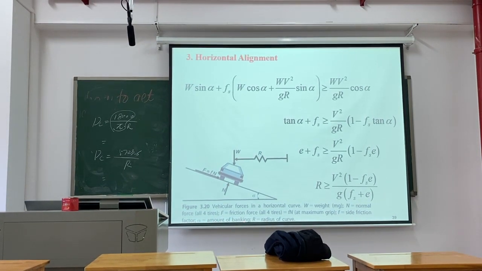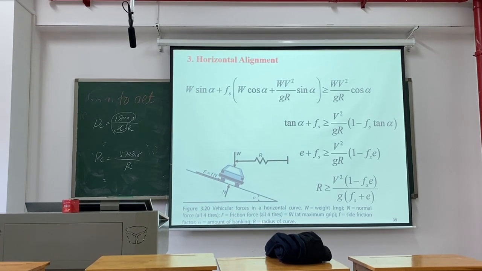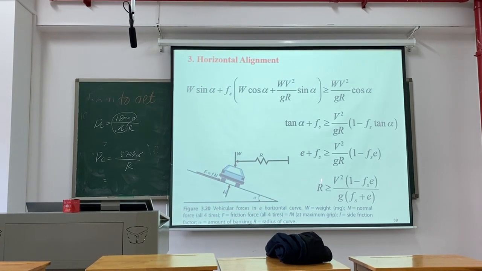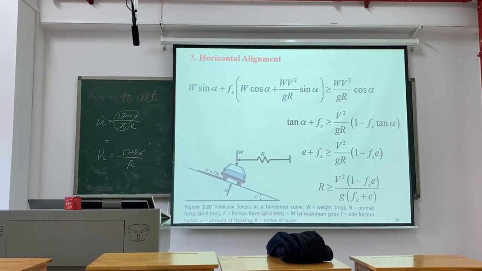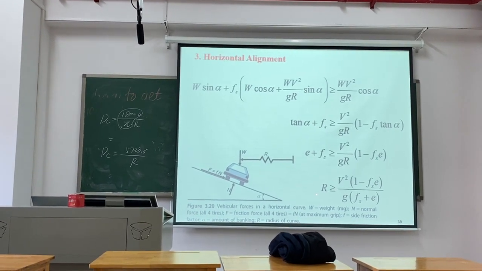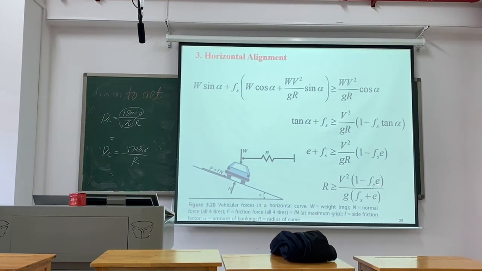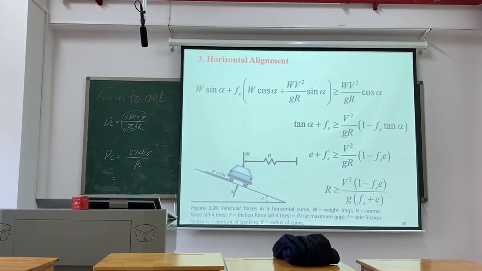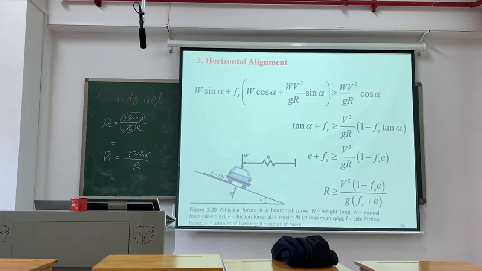Alpha is the amount of banking. R is the radius of the curve. So from this, we can know that R should not be less than this.